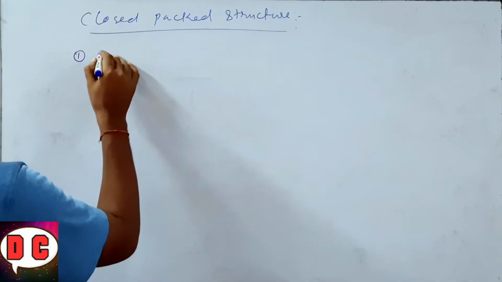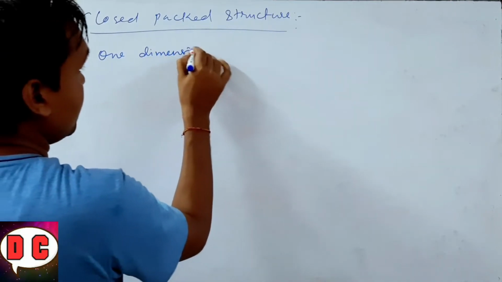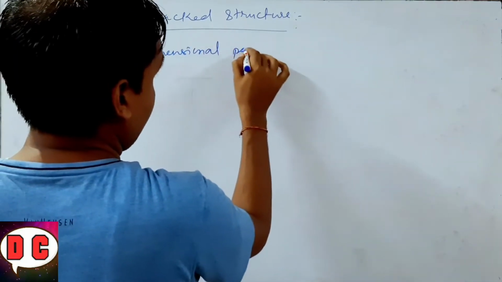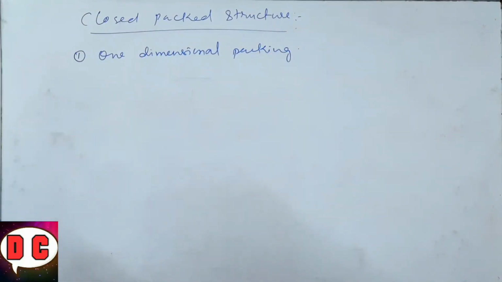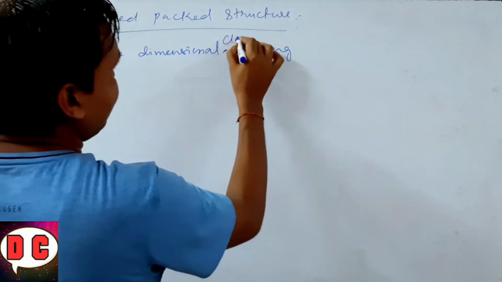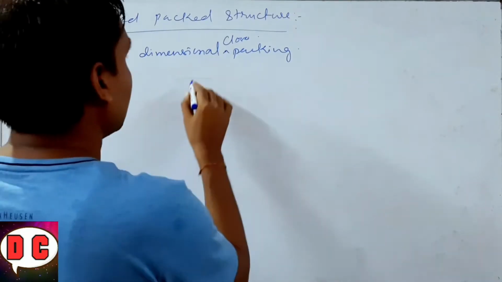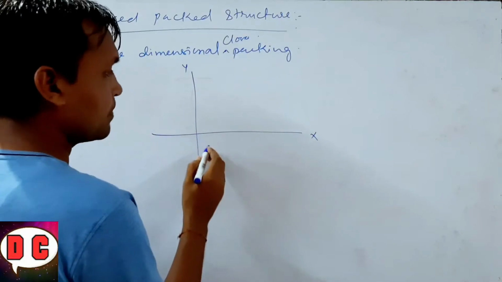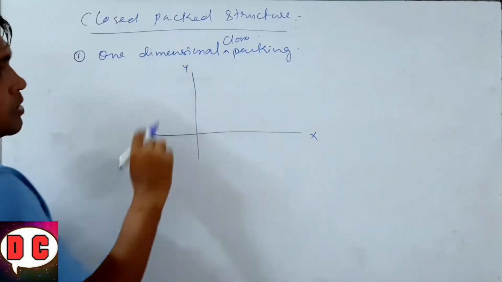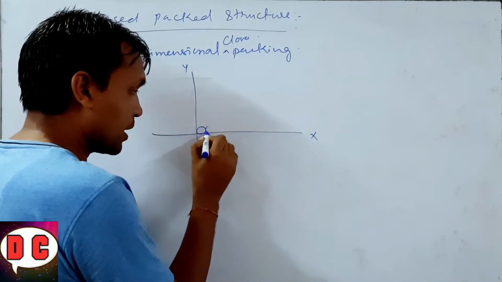The first one is one dimensional close packing. What does it mean? Let's assume that this is the x-axis and this is the y-axis. In one dimensional close packing, the atoms are arranged in a straight line like this.